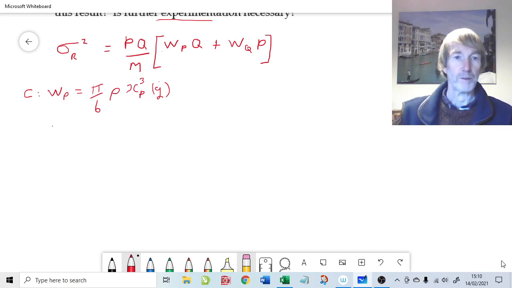And likewise for WQ we can write down the fact that we still have the volume shape factor, we still have the density, but here we do know that we're going to have to take into account the mixture of the other 2 components.